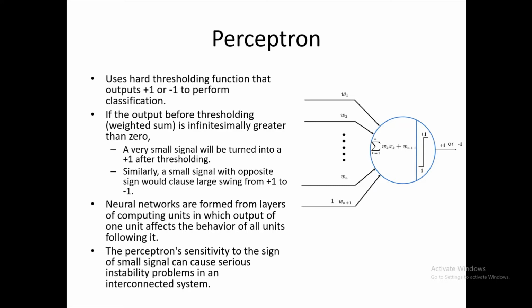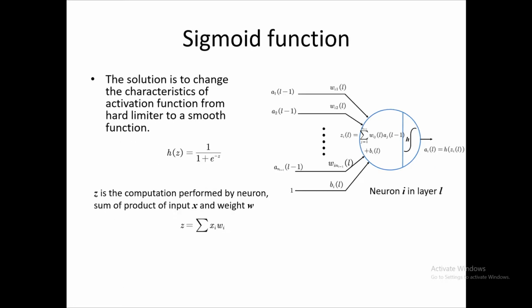In order to solve this stability problem, we can change the characteristics of the activation function from the hard limiter to a smooth function. To do that, we use a function called the sigmoid function.